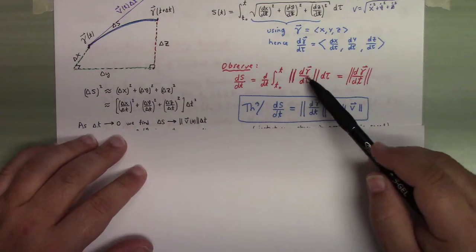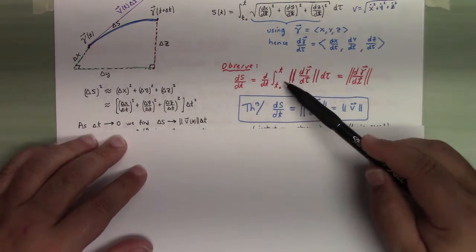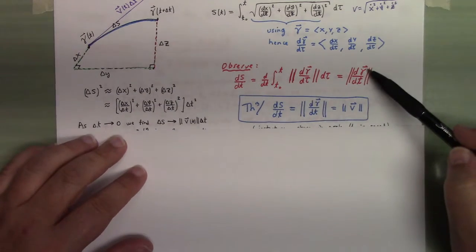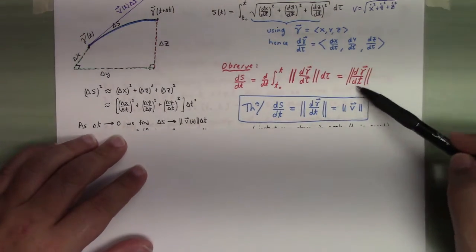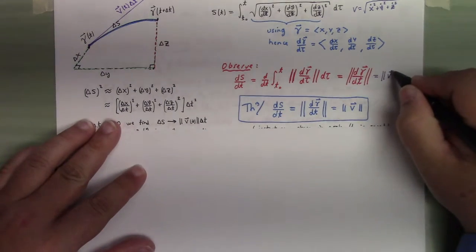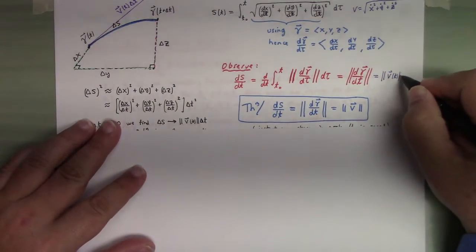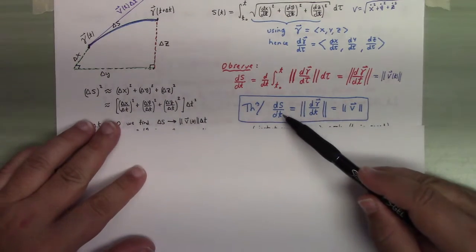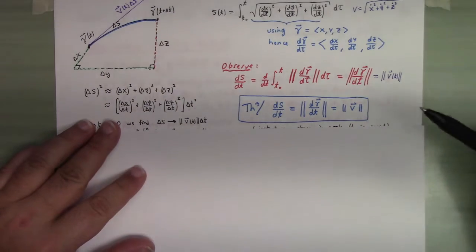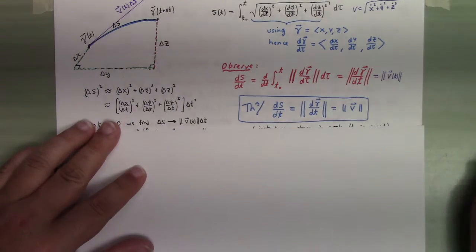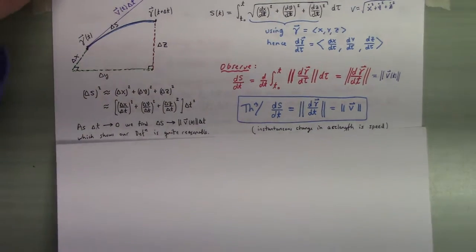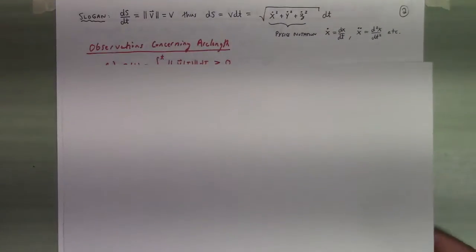But in any event, when we differentiate the integral with the variable bound, we just plug that time into the integrand, which gives me the magnitude of d gamma dt, that's the velocity. This is nothing more than the magnitude of the velocity of the curve at time t, which is to say that the change in arc length with respect to time is the magnitude of the velocity, which of course we also call the speed. So there you go. The instantaneous change in arc length is in fact the speed. That's a derivation of that fact.